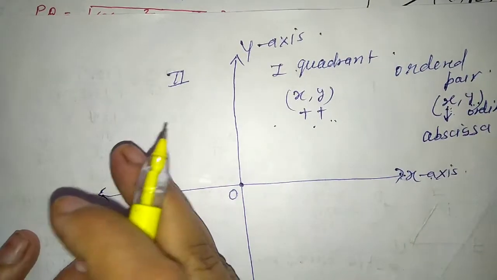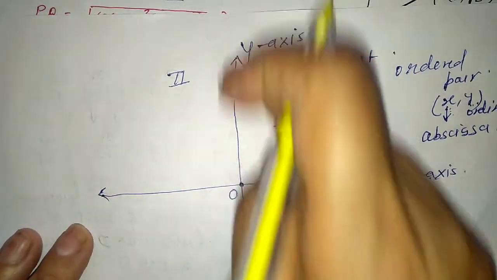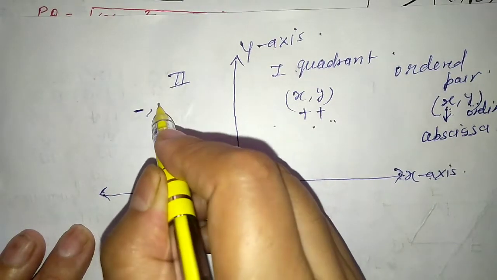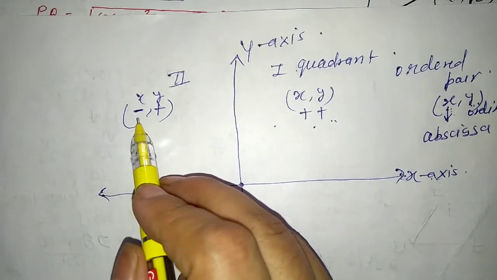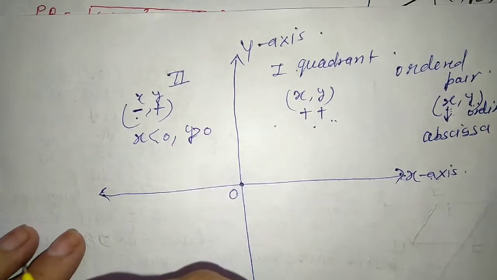Now we will come to the second quadrant. We are shifting the quadrant here, y as it is, but we are shifting to the opposite side of x, so x will be negative and y will be positive. X is less than 0 because this is negative, and y is greater than 0.